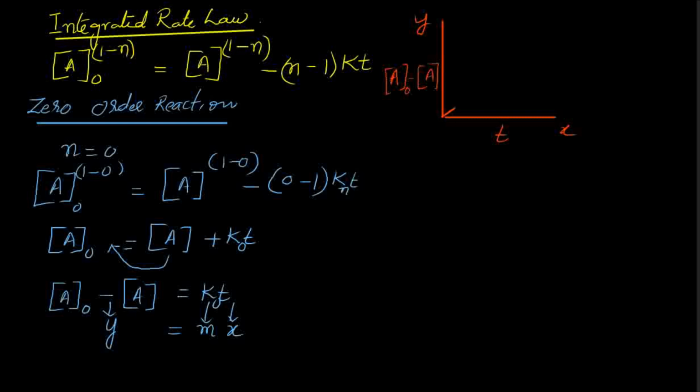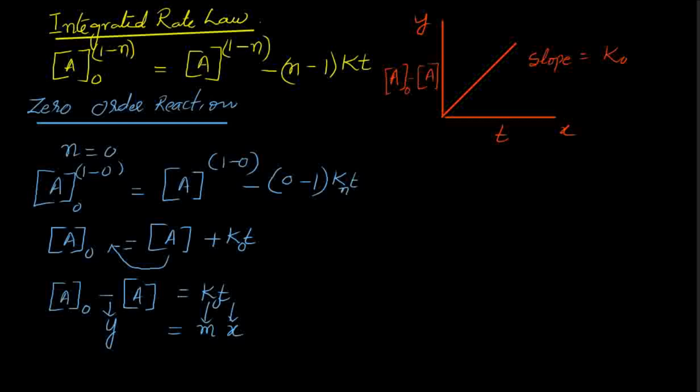There is no intercept, so it is a straight line from the origin, and the slope equals k naught, the zero order rate constant.